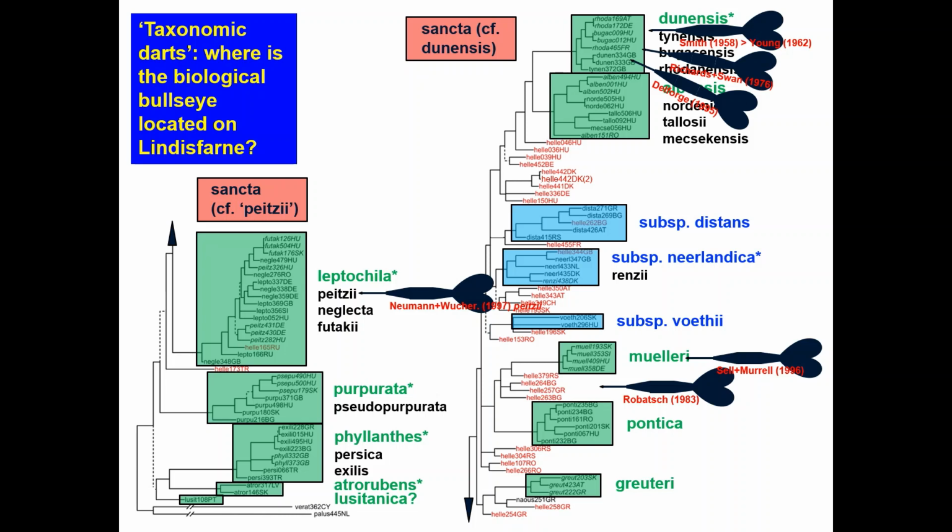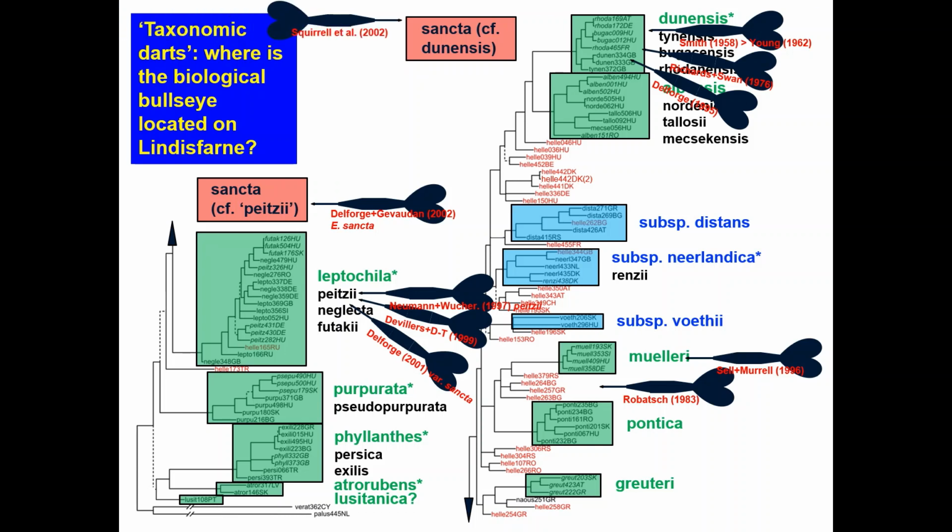The population the continentals call peitzii is actually leptochila. Devillers and Devillers-Terschuren a little later also suggested that it was peitzii, as did Delforge in the second edition of his field guide. But the following year he decided, oh no, maybe not as a variety of peitzii, I'll establish it as a separate species, Epipactis sancta. This is 2002.